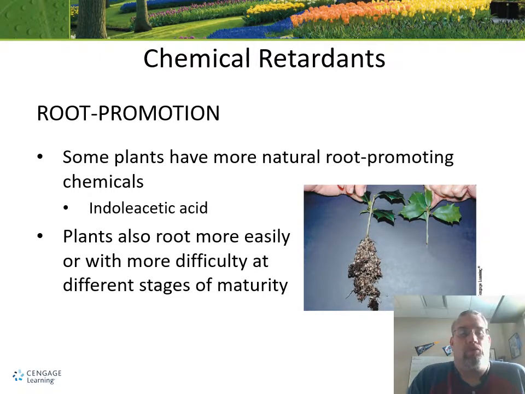So root promotion, there are some natural root promoting chemicals. There are plants that root more easily or more difficultly at different stages of maturity. So you'll notice there's another amino acid here that is going to be causing root growth.